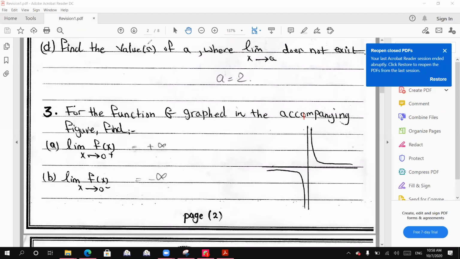Here is 0, but now from the right, does it increase or decrease without bound? It increases. So I will say that 0 from the right is positive infinity. Now look at 0 from the left. It decreases without bound. Is it right? Yes. So I will say that it's negative infinity.